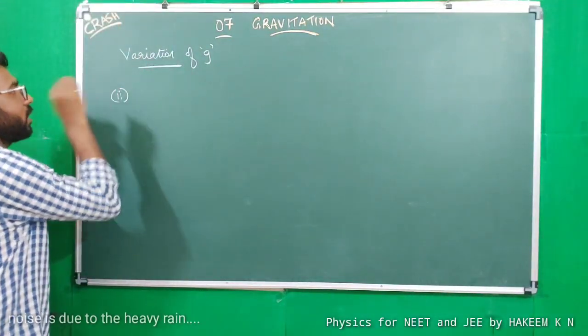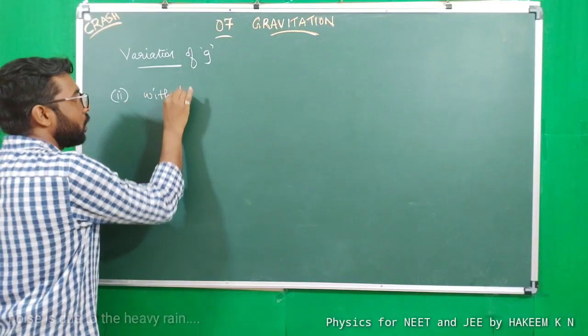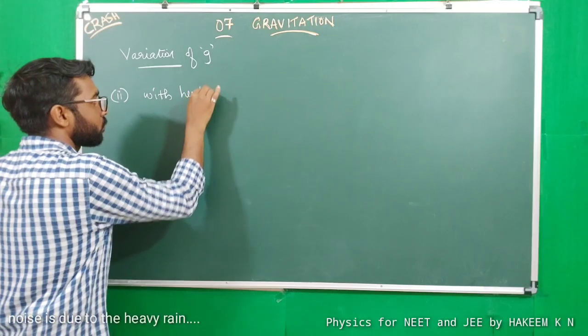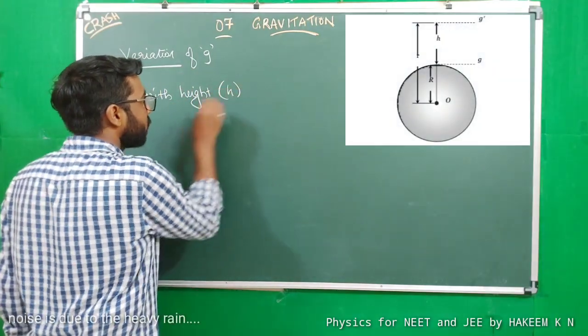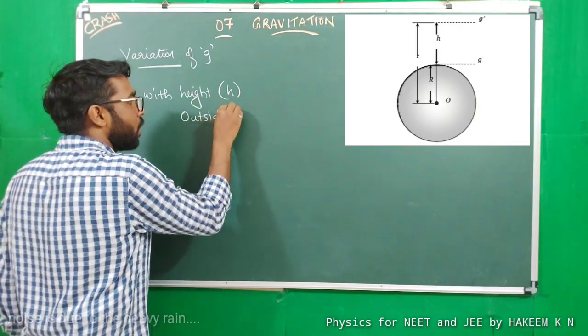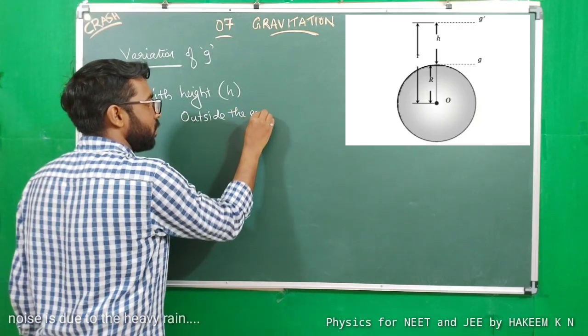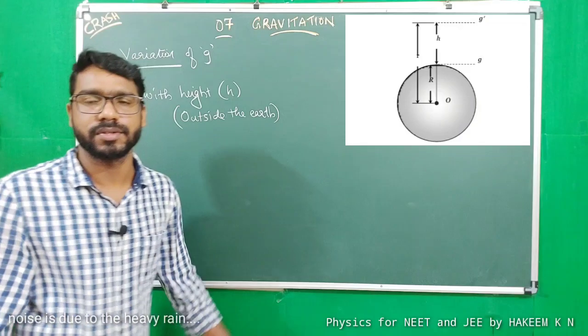Second one, variation of g with height or with altitude h. Here we are discussing the outside Earth condition, above the surface.